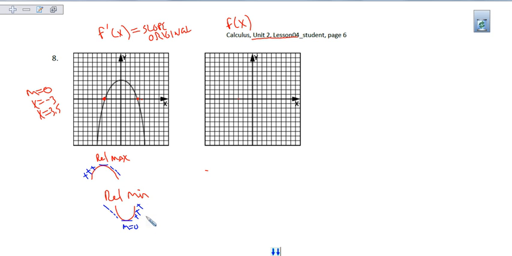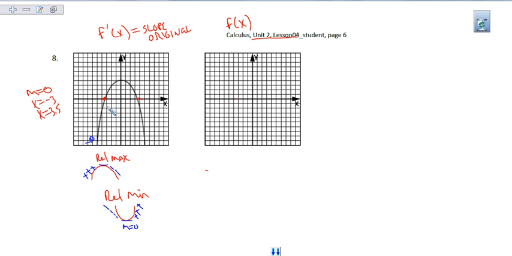So all we need to do is look to the left here, and we can see that the derivative is negative, about a negative 10 down here, and then it starts to slowly get less and less until we get to negative 1, and then we hit 0 again here.